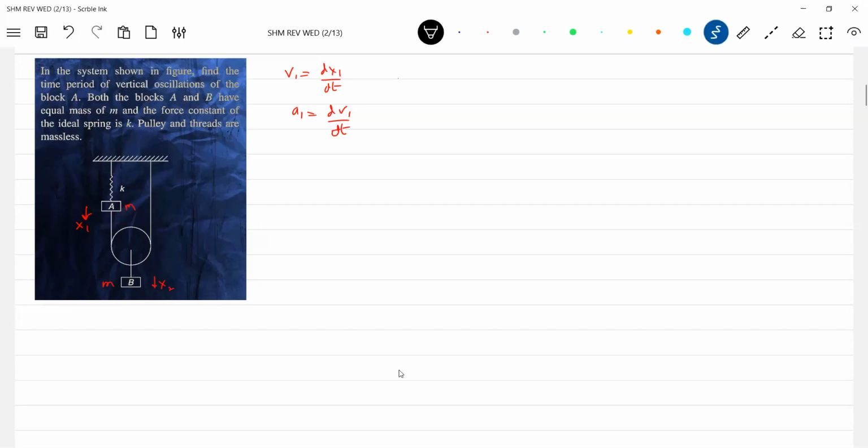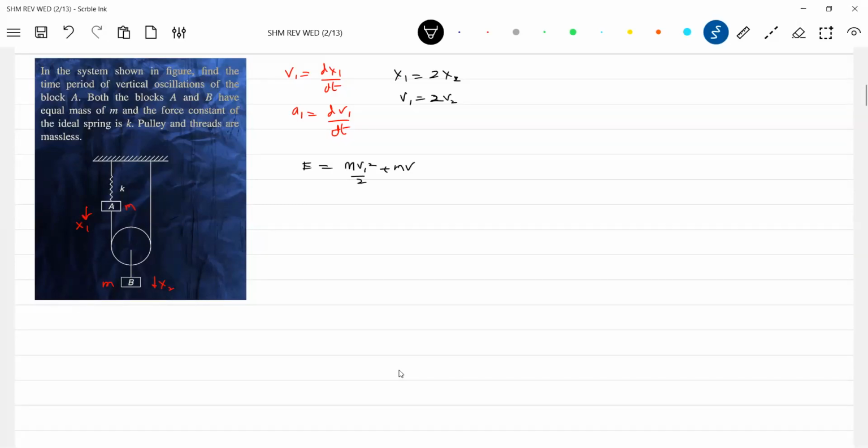So let me write the first constraint equation. If the block moves by a distance here 1 meter, here 1 meter, this will move by 2 meter. So what is the constraint equation? X1 equal to 2x2. So I'll be using this one. What all form the energy will be?